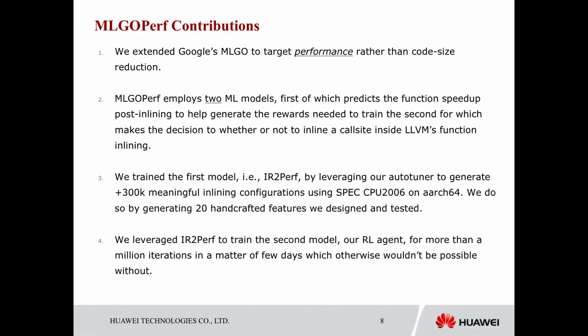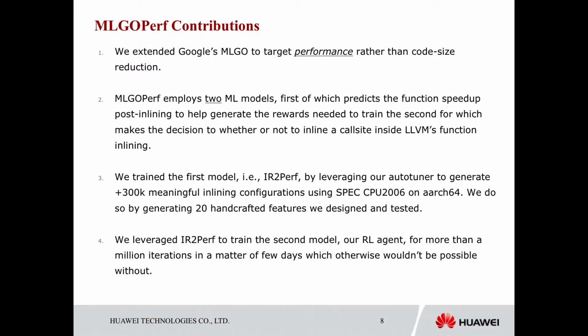IR2Perf allows us to have a post-inlining speedup so that we can generate rewards for the primary model, which was already being used in the first version of MLGO. The rewards are generated for the RL model at each iteration, and we don't need to run the code every time to train the RL model.